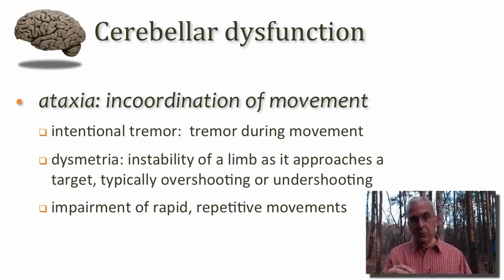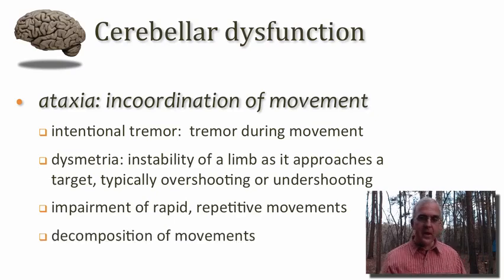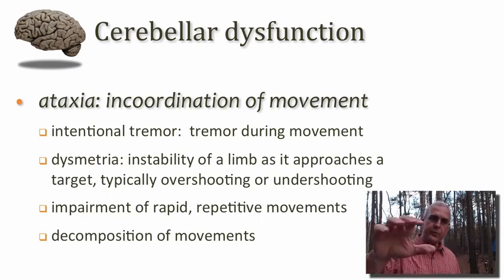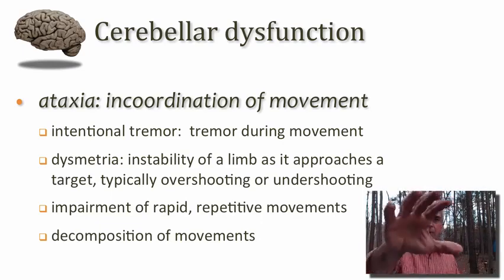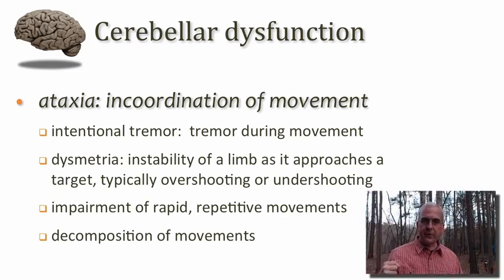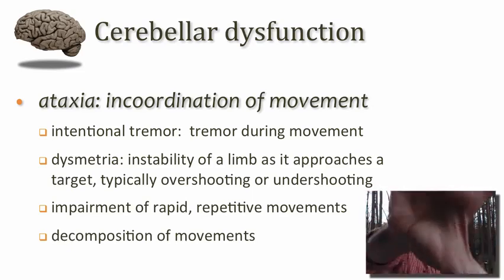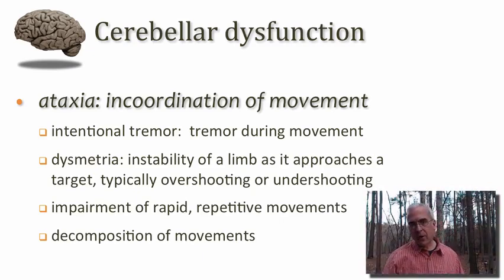And if there is either a breakdown in rhythm or a reduction in speed, then perhaps that suggests that there may be a problem in the governance of that motion via the cerebellum. And then finally, there can be a decomposition of movement. Rather than a smooth coordination across multiple joints in, let's say, a visually guided reach, there may be a breaking down of that motion into component parts. So there can be a decomposition of that smooth coordination or that smooth sequencing of action across these joints.